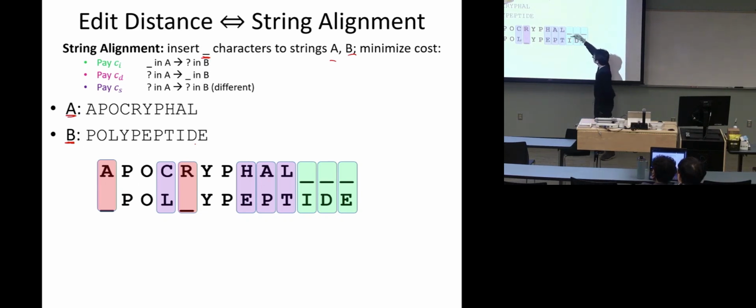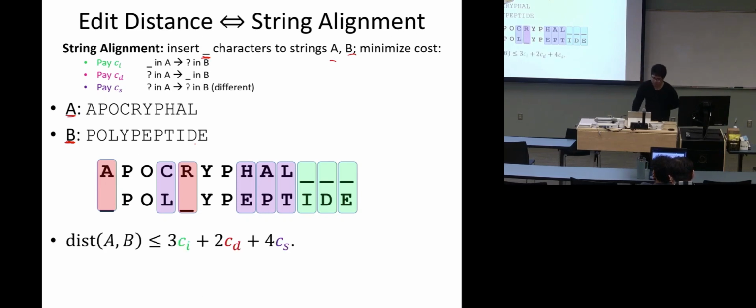The same thing here. And here you need to swap from L to T, so you pay CS. And here you need to delete from R to blank, so you pay CD. So this is one way to align A and B. And this would mean that the distance from A to B is at most 3 insertions, 2 deletions, and 4 swaps.